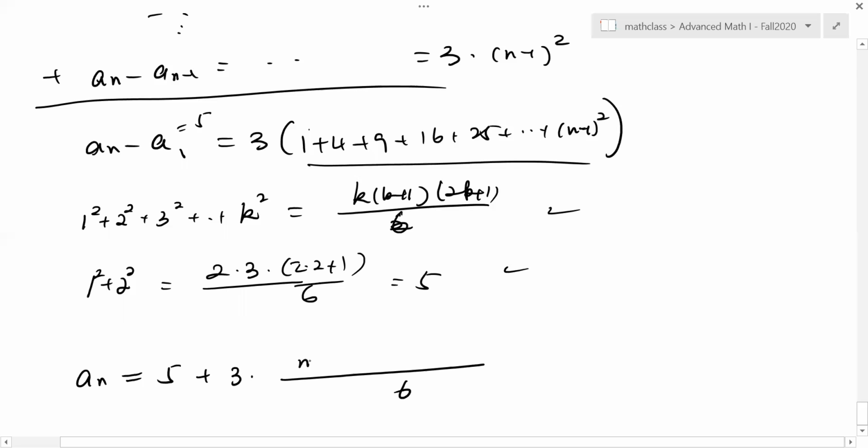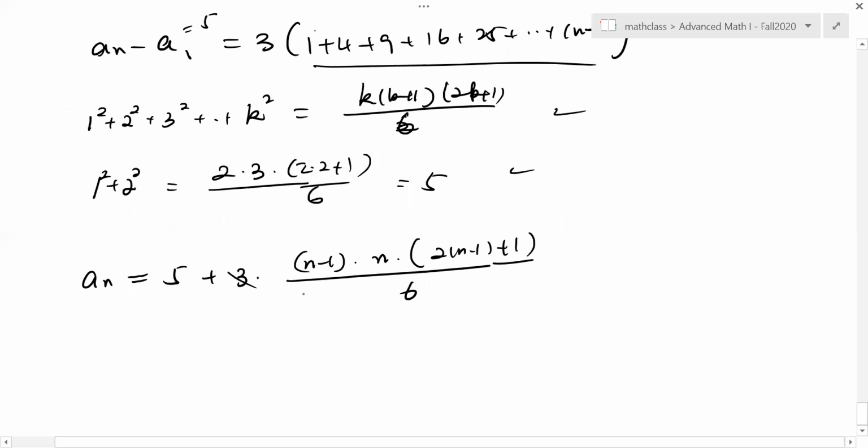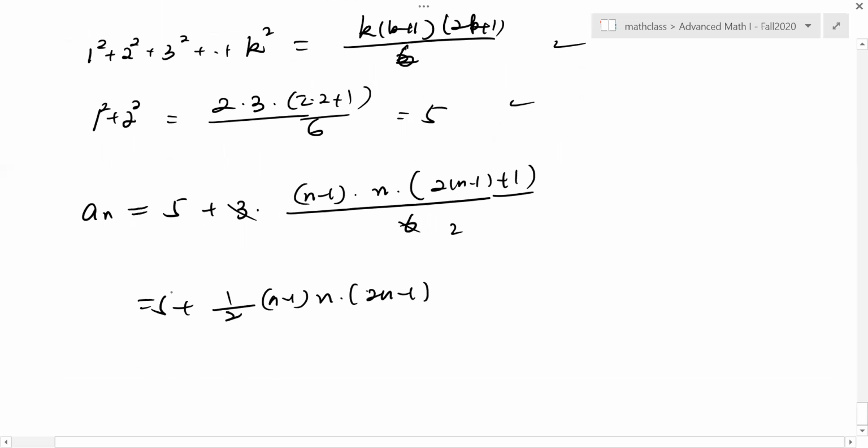K is n minus 1, so n minus 1, then n, then 2 times n minus 1 plus 1. Okay, that's what you get, and divide by 2, to n minus 1. Okay, so this is the general term, the general formula.